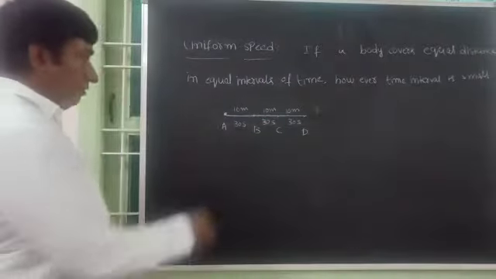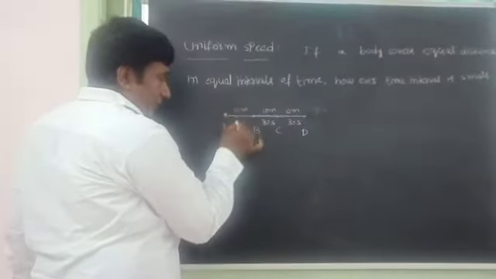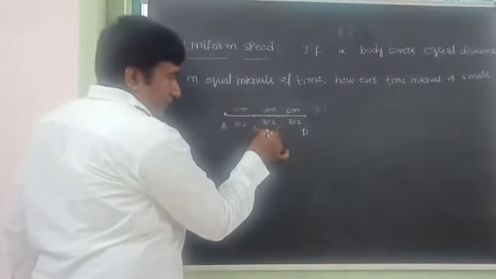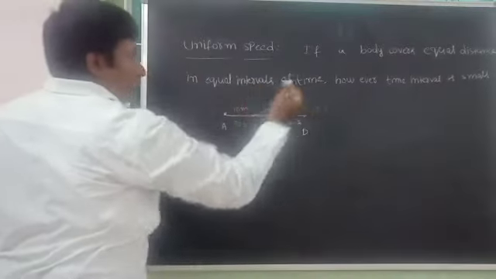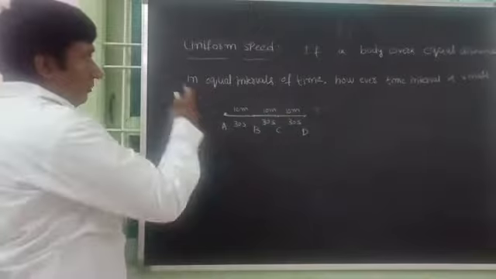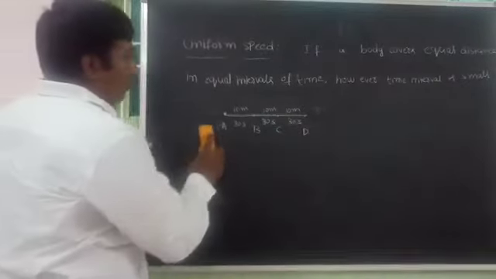You can see that from A to B it has traveled 10 meters in 30 seconds, then 10 meters in 30 seconds, 10 meters in 30 seconds. So it covers equal distance in equal intervals of time, and based on that we can take it as uniform speed.